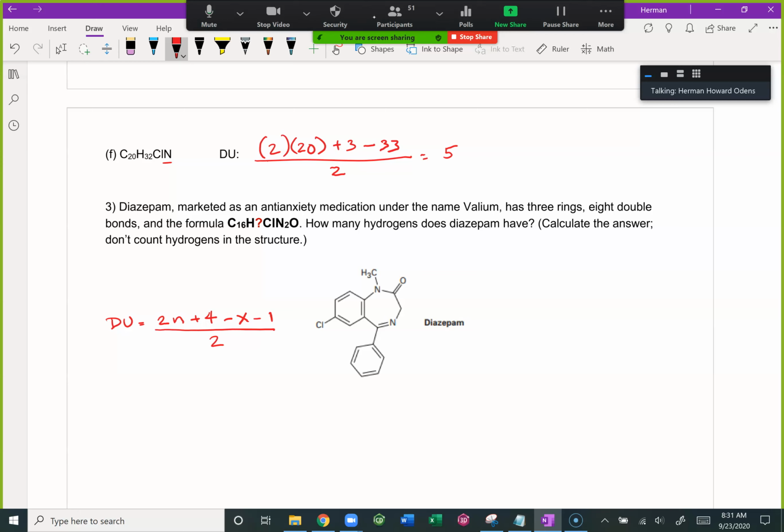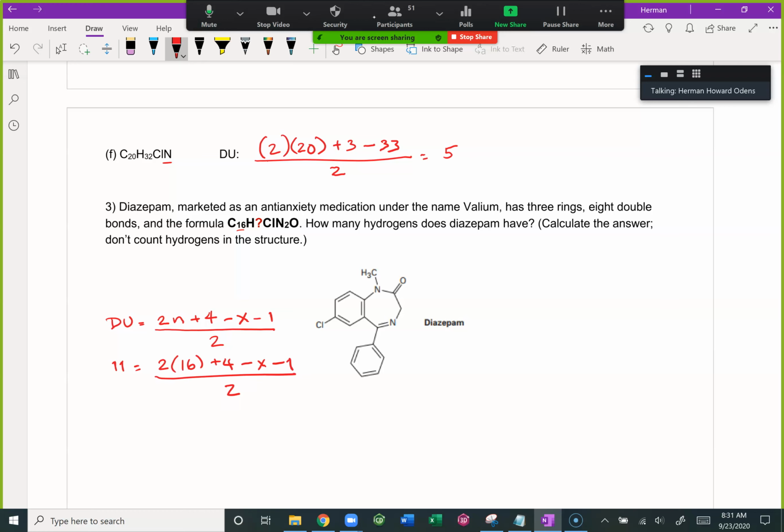And then the problem says that we have 3 rings and 8 double bonds. So that's a total of 11 degrees of unsaturation. And then we'll do 2 times n. N is 16 plus 4 minus x minus 1. Divide all that by 2.